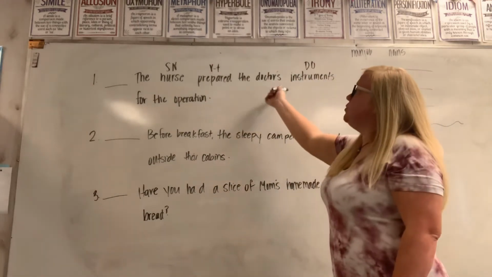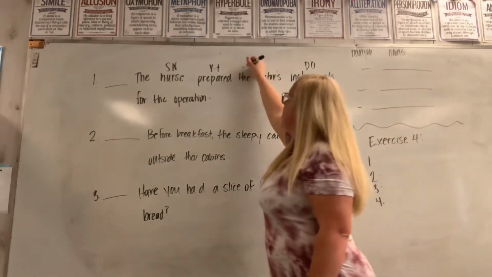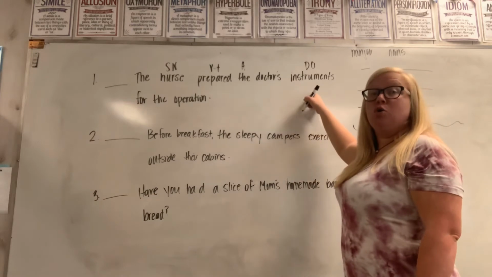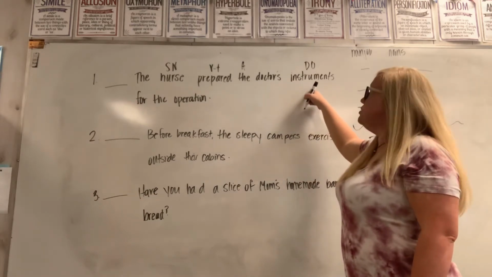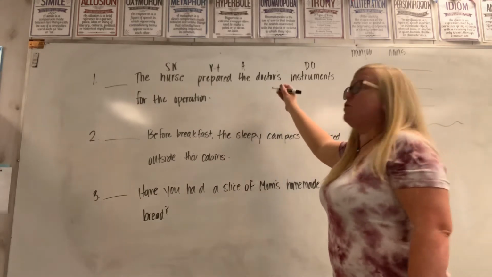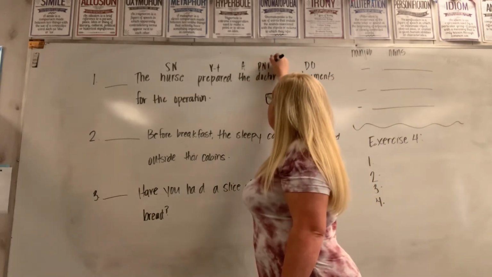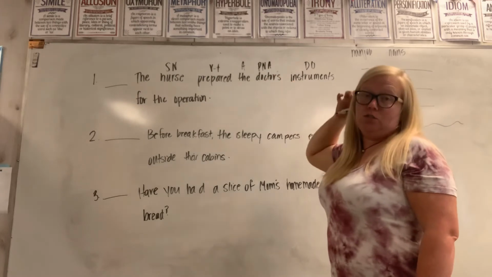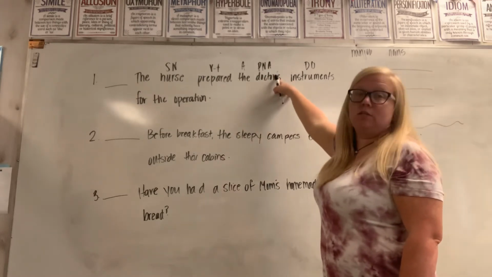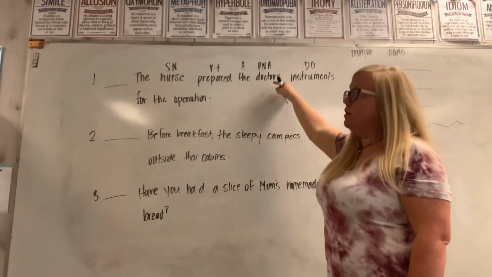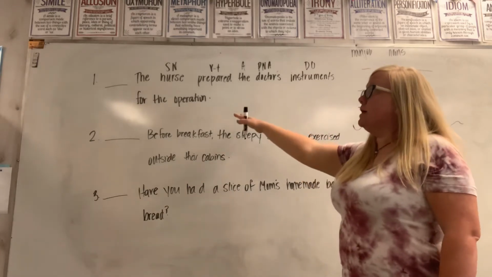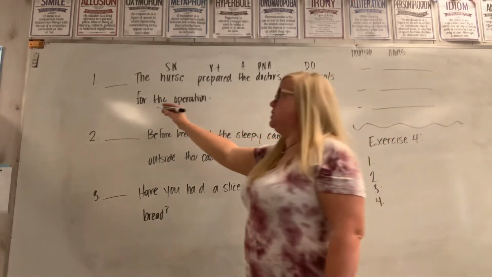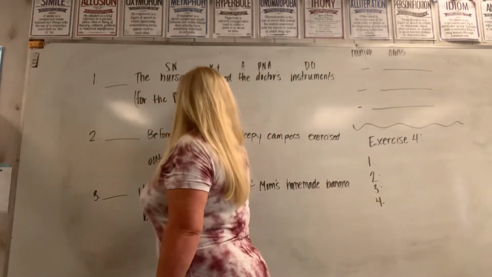Now let's look at these two words. The, remember, is always an article adjective. And doctor's is describing whose instruments, right? So whose instruments are they? The doctor's. So that makes that a P-N-A. It's an adjective, but it's a possessive noun adjective, okay? Because it's showing possession, because it has an apostrophe S on it. And then for the operation, if you guys remember, for is a preposition, so that makes this a prepositional phrase.